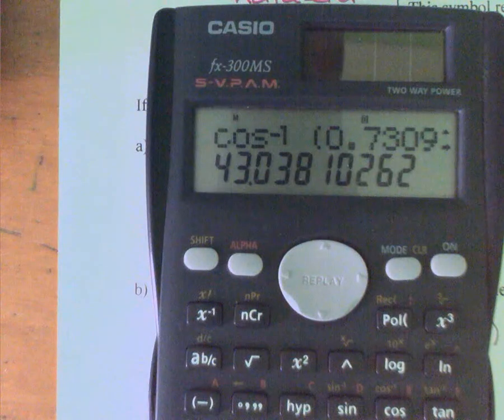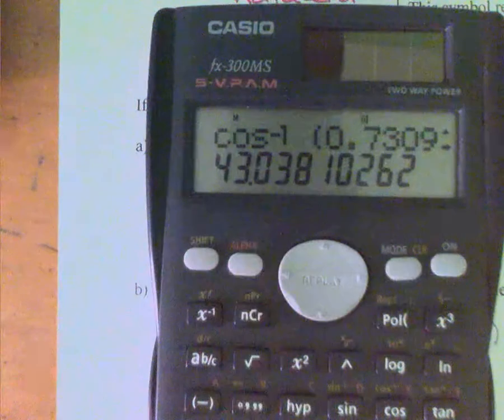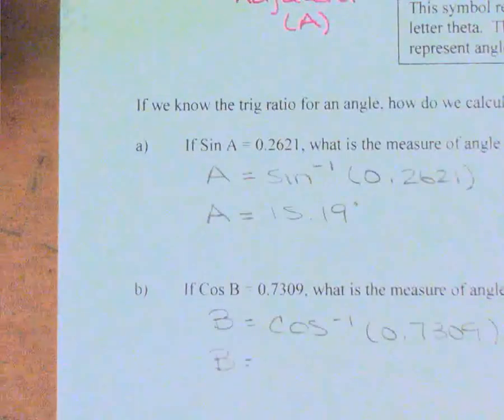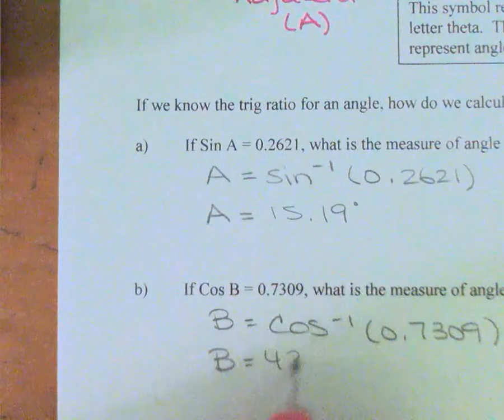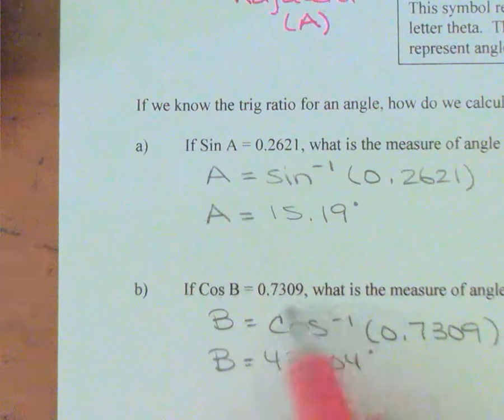And I get the angle that relates the two sides is 43.04 degrees. Again, if you have a different type of calculator, you're going to have to put in the side ratio first, shift or second cos inverse, and then equals.